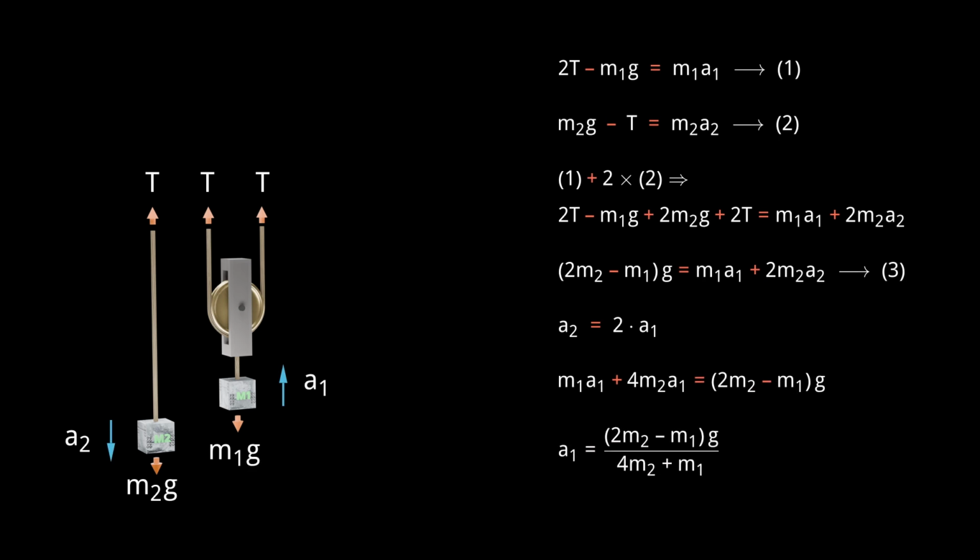Since the acceleration of mass M2 is twice that of mass M1, we can calculate it as well. This relationship directly follows from the constraints imposed by the pulley system. Also, note that the weight of mass M2 is greater than that of mass M1. Consequently, the expressions for both accelerations are positive, validating that the initial directions of acceleration we identified are correct.